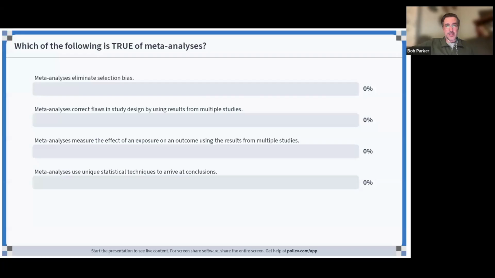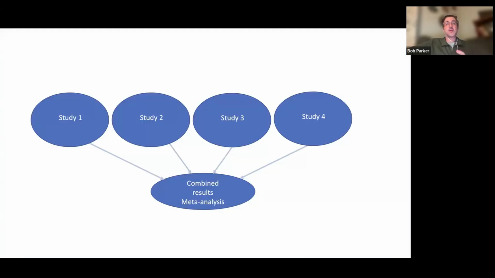And the reason why is that meta-analyses are only as good as the studies they are studying, right? So you take each of these studies and put them all together and use statistical techniques that are common to other studies. But we combine all of the patients, for example, and see if the exposure is related to that outcome.